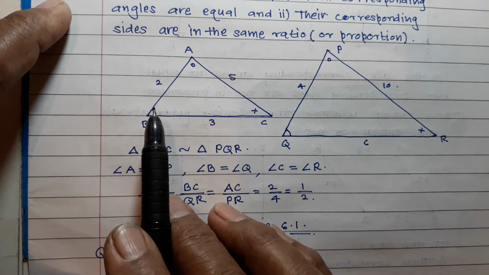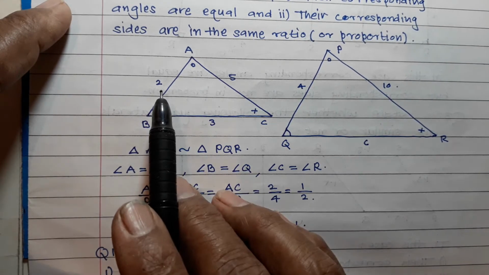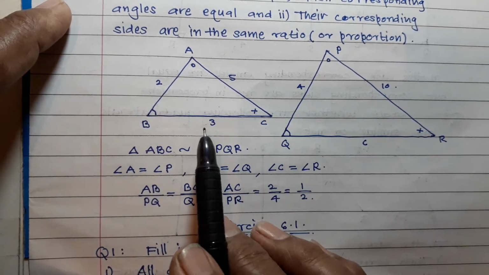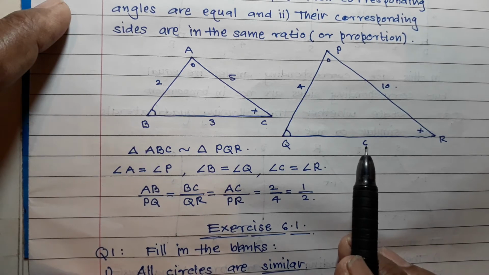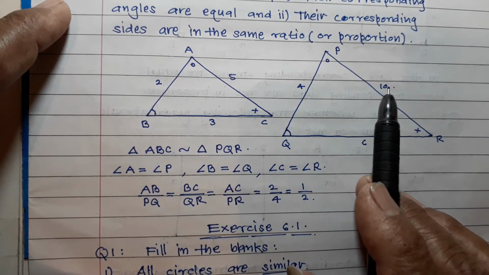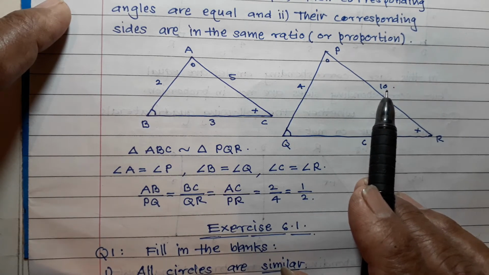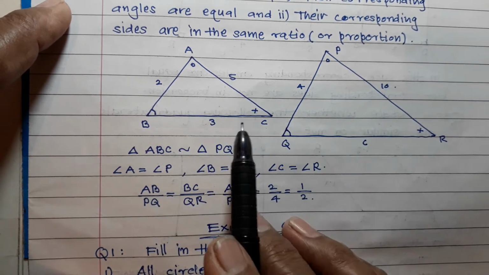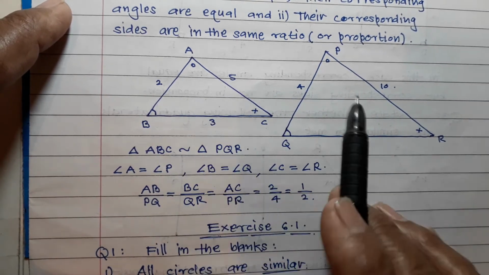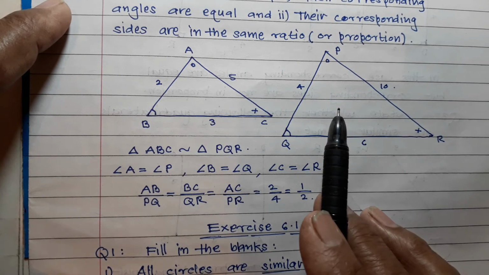Corresponding sides are proportional, means 2 upon 4, 3 upon 6 and 5 upon 10 is equal to 1 upon 2. Hence ratio is equal and therefore these two triangles are similar.